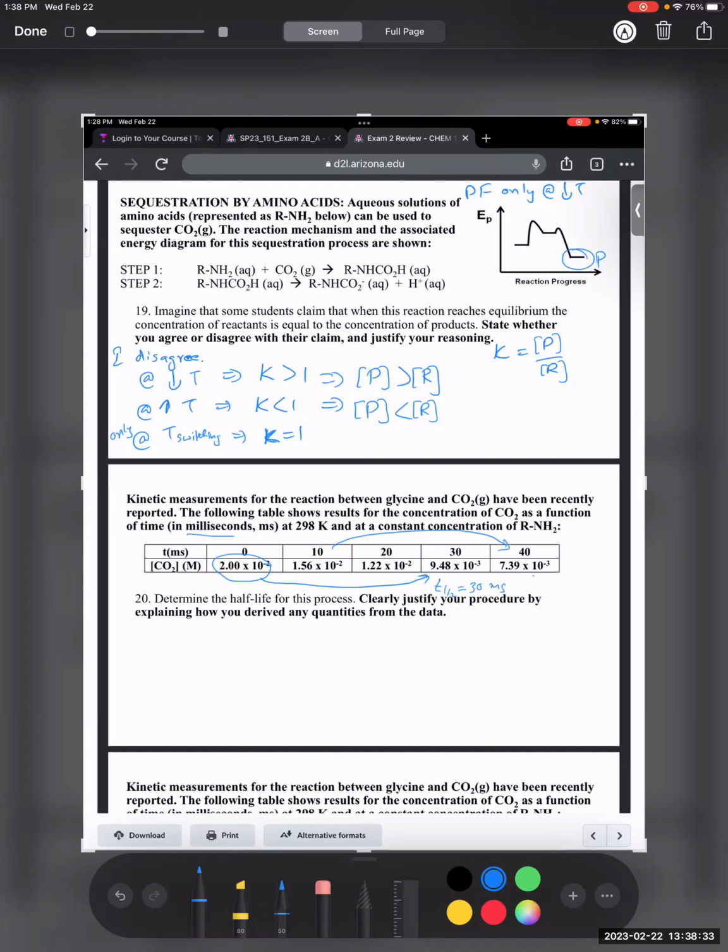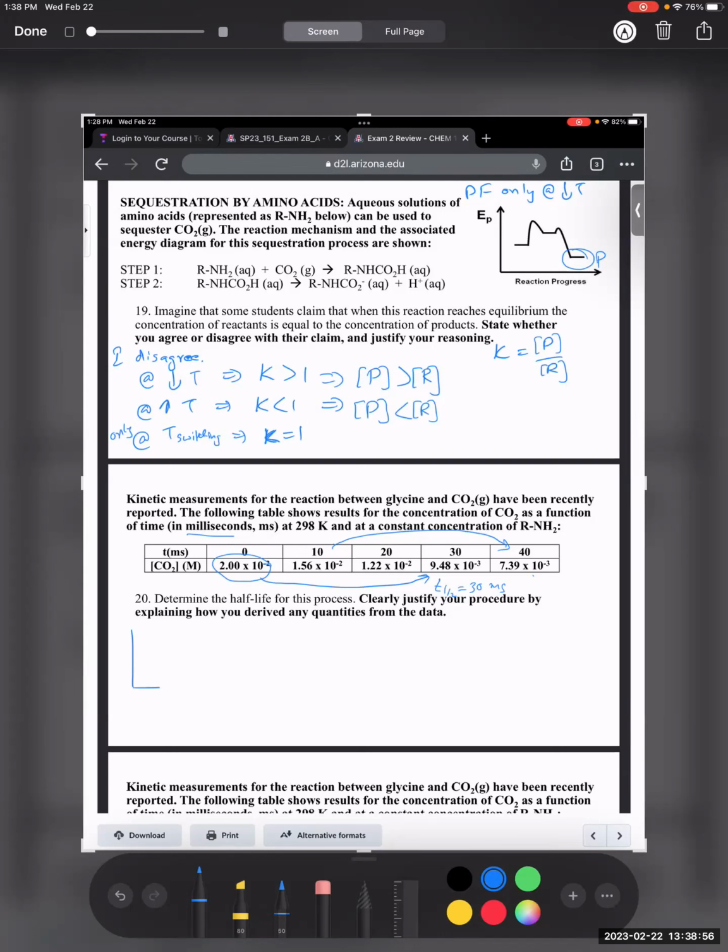So natural log concentration versus time is the linear graph here. Therefore, it tells me that this is going to be first order with respect to carbon dioxide. Let me just show you what I have here. I'm going to draw. Actually, you can do this during the exam as well.